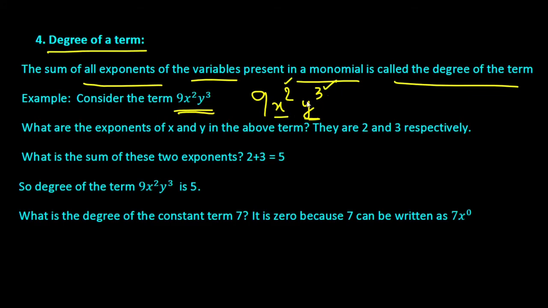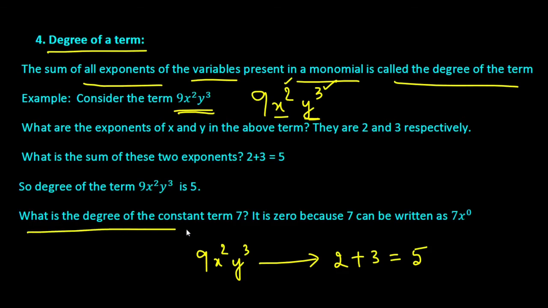The degree of this term is the sum of the exponents of the variables. Sum of 2 and 3 is the degree of this term. So the degree of 9x square y cubed is 5.